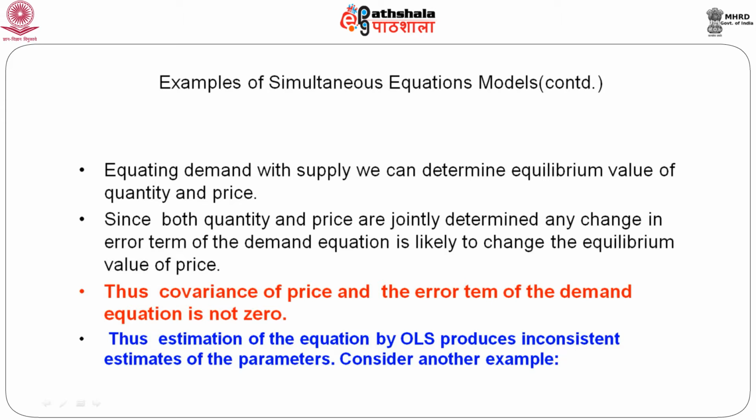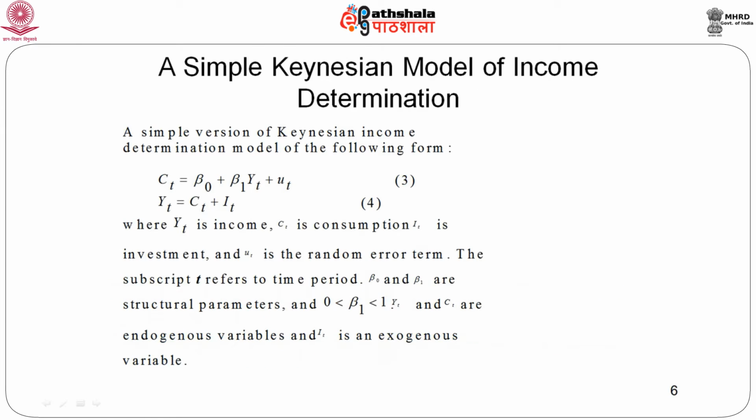Consider another example of a simultaneous equation system. This is a simple version of the Keynesian income determination model. Consumption is a function of income. You assume a linear function, where beta naught is the intercept, beta 1 is the coefficient corresponding to income, plus the error term.